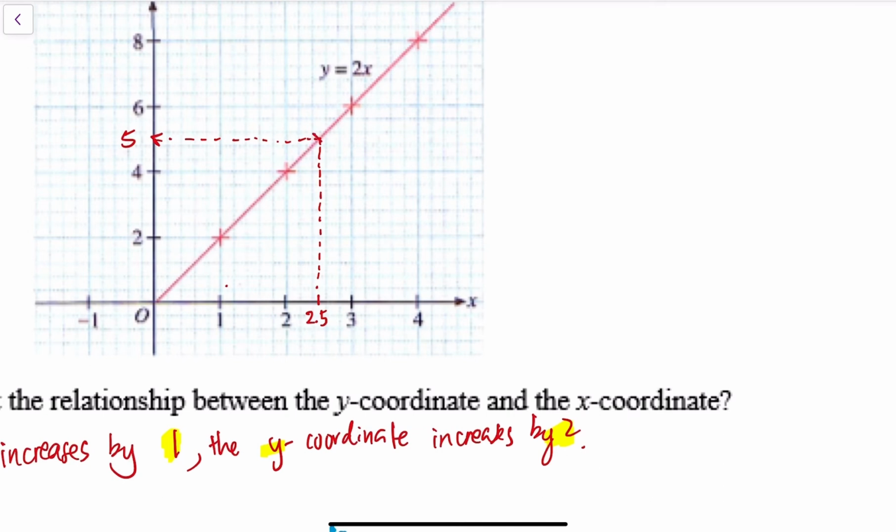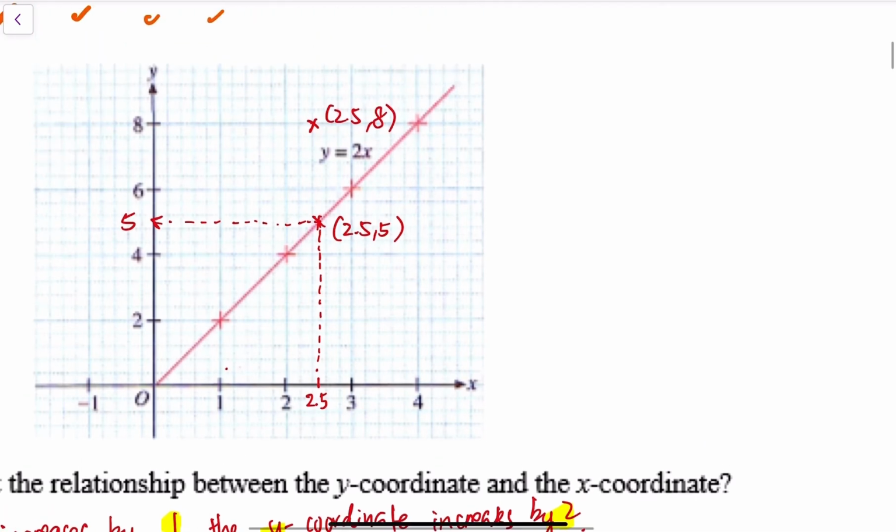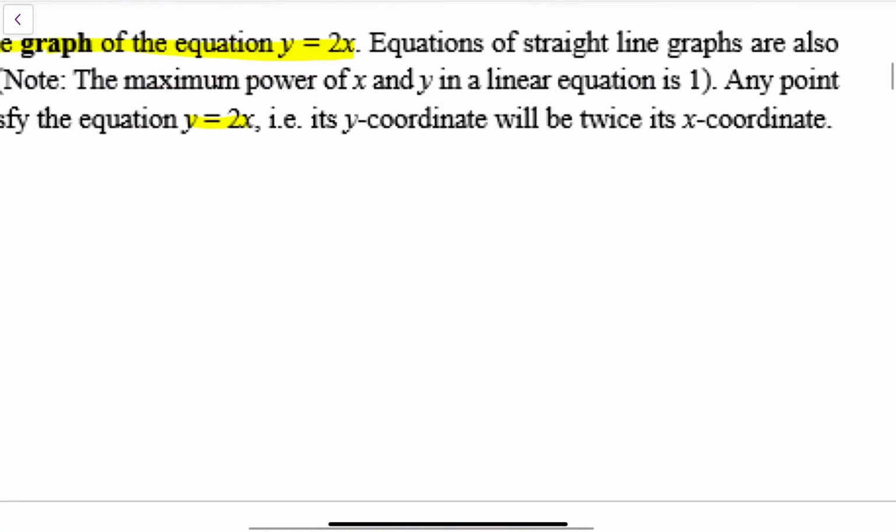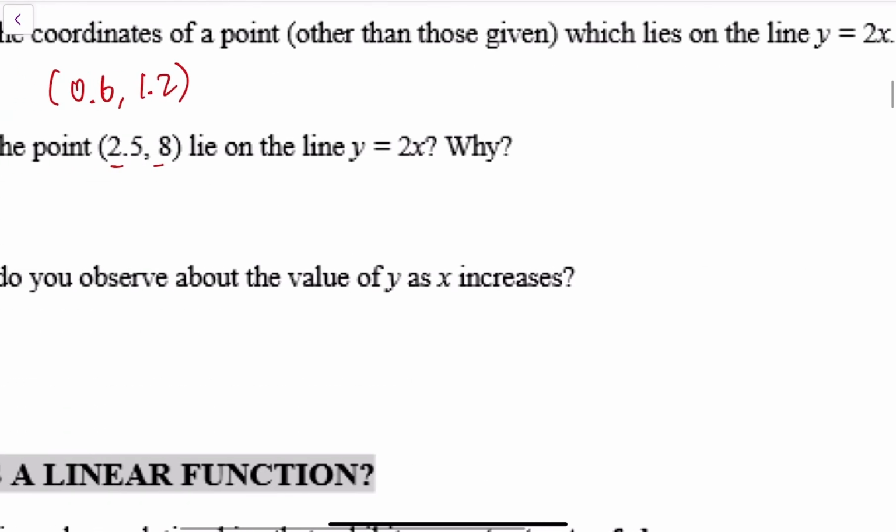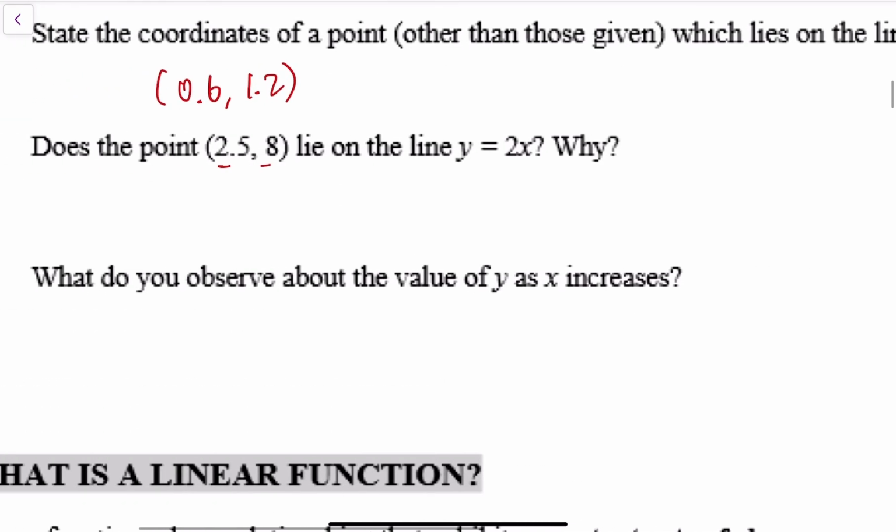So if I take this coordinate, it will be 2.5, 5. And this is 2.5, 8. Now this point here is wrong because it's not on the line. It doesn't fit. So I go back to the question: does it lie on the line?